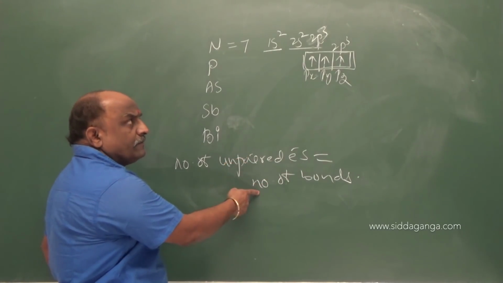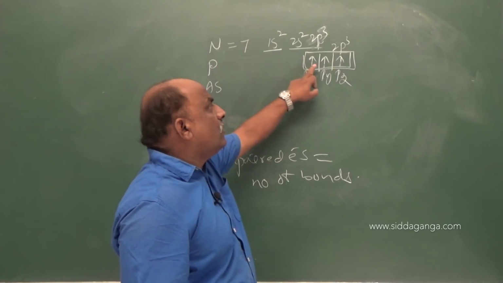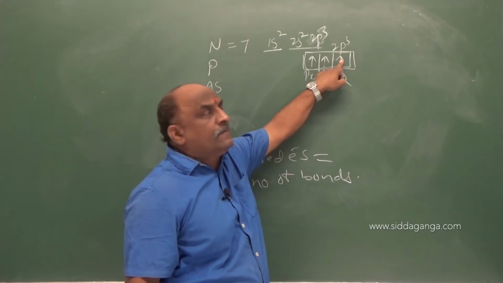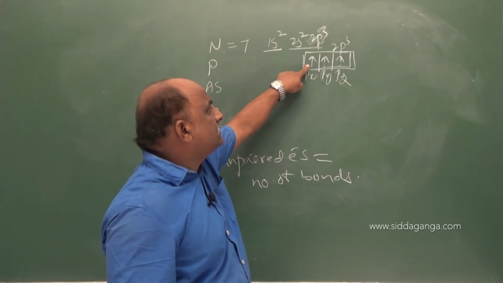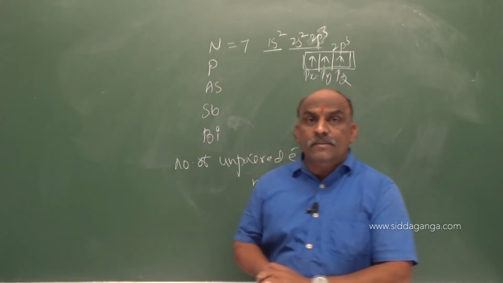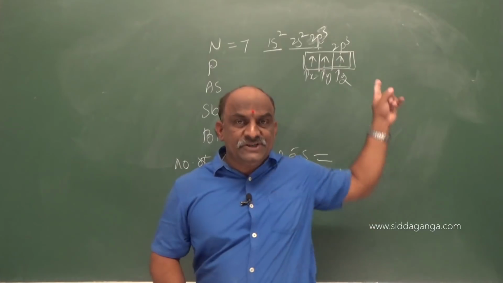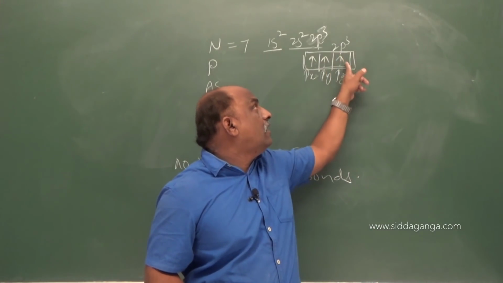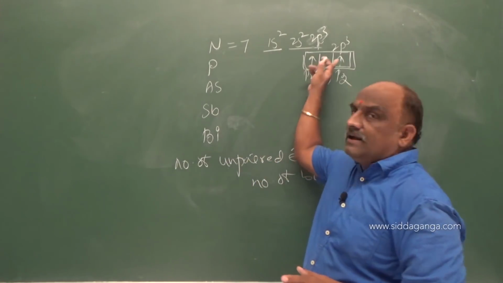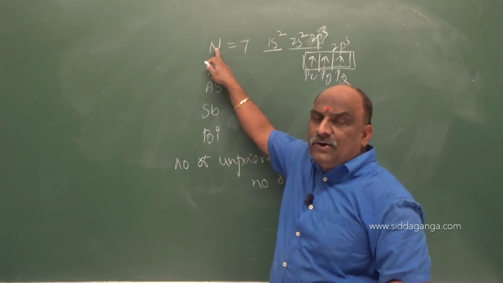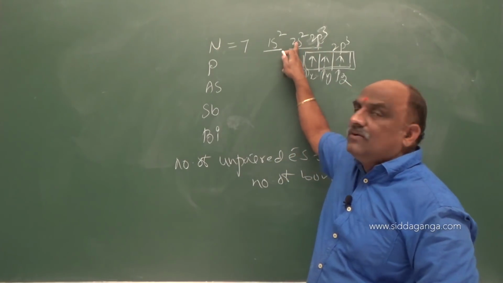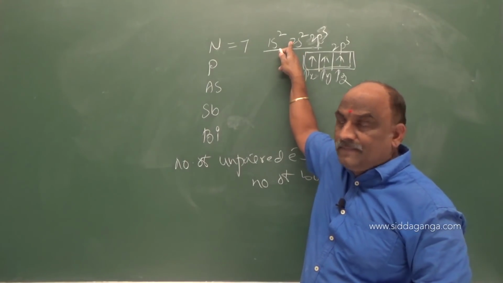So the nitrogen atom is ready to form how many bonds? 1, 2, 3 bonds. The nitrogen atom is ready to form 3 bonds because it contains 3 unpaired electrons in the p orbital. So it forms 3 bonds with 1 lone pair of electrons.